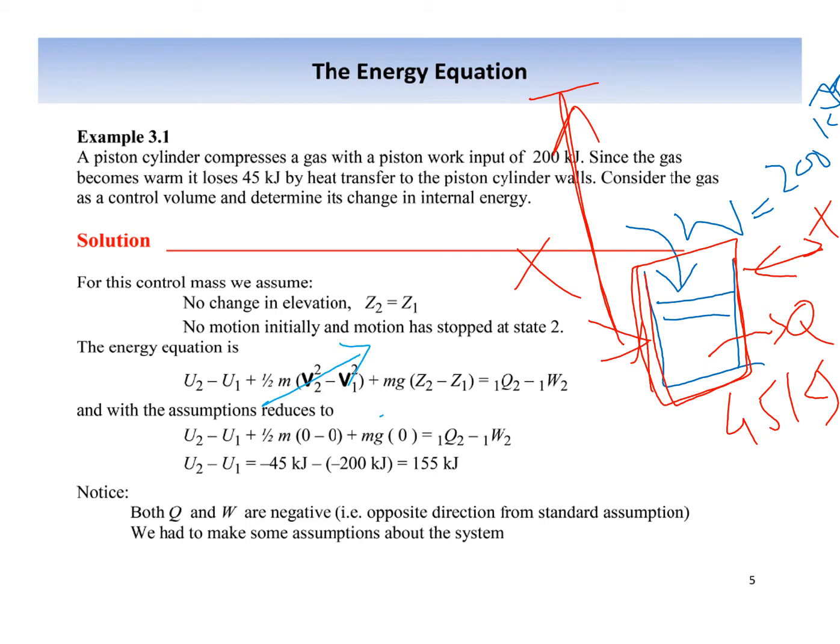And because of this, we can reduce this equation by taking the second and third terms, kinetic and potential energies respectively, and replacing them with 0, cancelling these terms, and we now reduce this to u2 minus u1 is equal to q plus w.